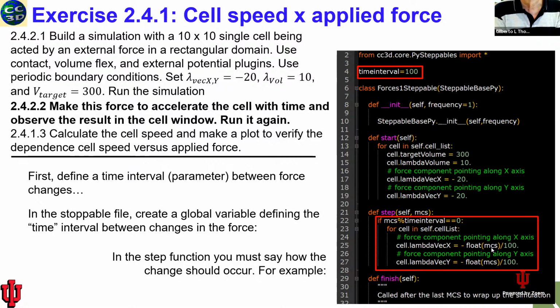In a division you have to use real variables. In this way, each time the code enters this block and satisfies this condition, lambda vec x and lambda vec y will be increased in modulus by the amount of the Monte Carlo step. Please put this in your code.